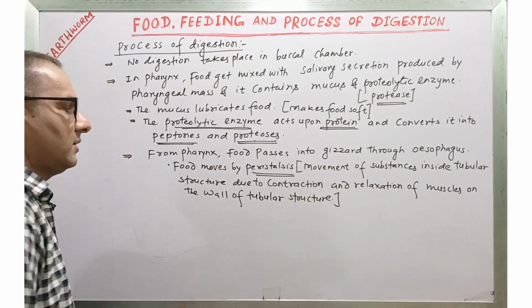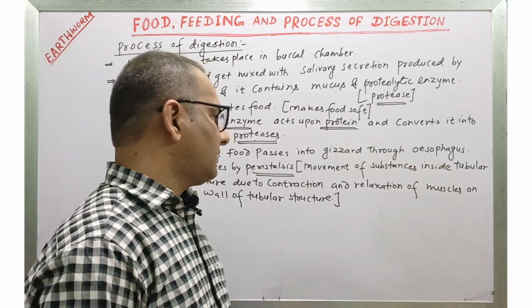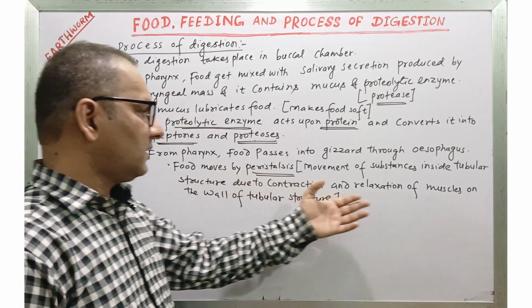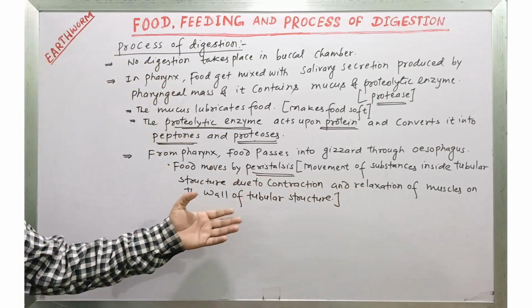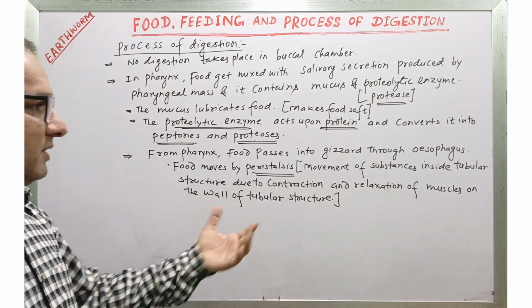So, this is peristalsis, movement of substances inside tubular structure due to contraction and relaxation of muscles on the wall of the tubular structure or on its wall.